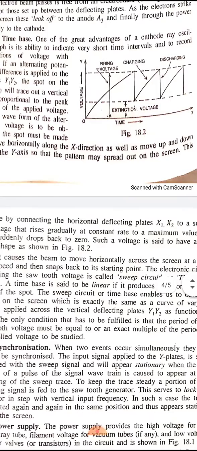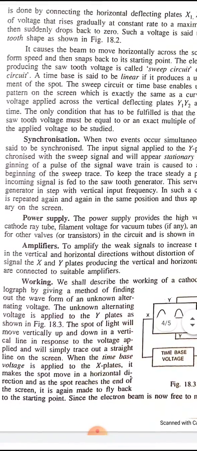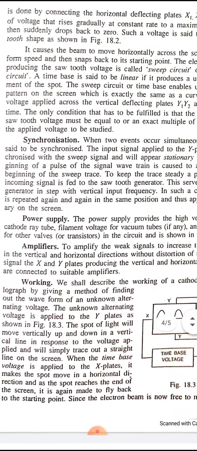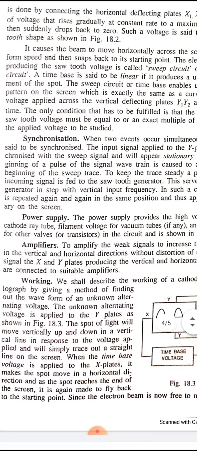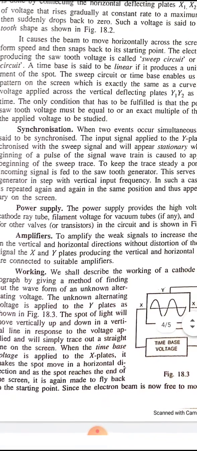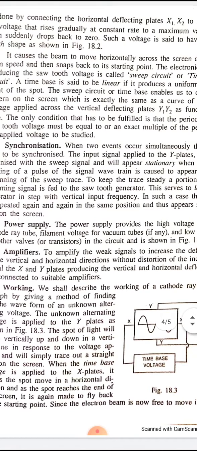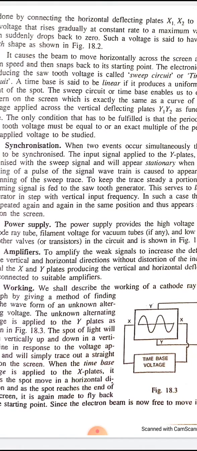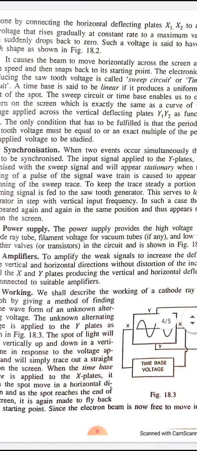When two events occur simultaneously, they are said to be synchronized. The input signal applied to the Y plates is synchronized with the sweep signal and will appear stationary when the beginning of the signal wave train is caused to appear at the beginning of the sweep trace.